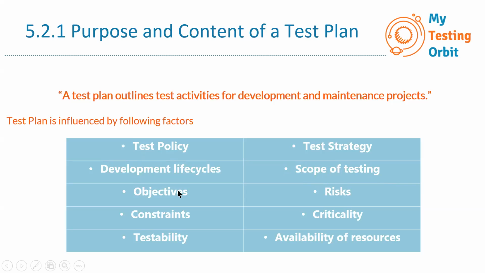The next one is objectives. We have to mention in a test plan what the objectives of the testing are, the testing which will be performed, for which we are writing this test plan. What are we trying to achieve from that? Then the risks. Whatever risks we can identify at that level, we have to mention in the test plan.